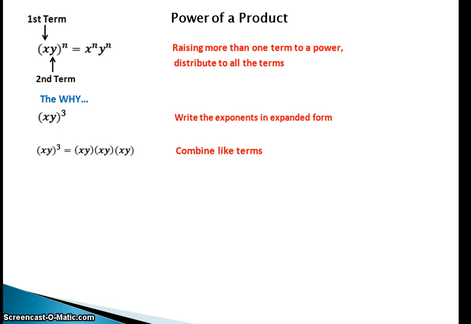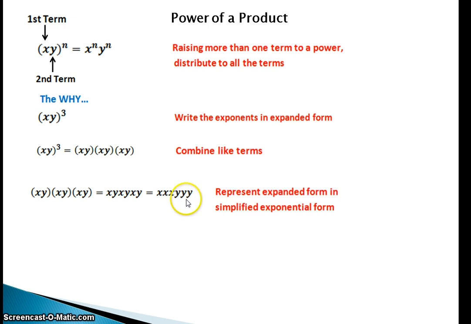Well, if we rearrange those letters to combine like terms, then we end up finally with x to the 3rd power times y to the 3rd power. So we see that we can just distribute the exponent across the product, and we'll get the right answer. That is the power of a product property of exponents.